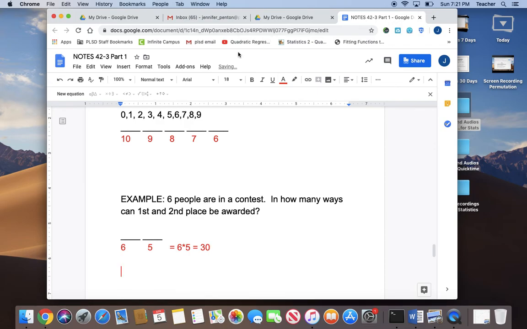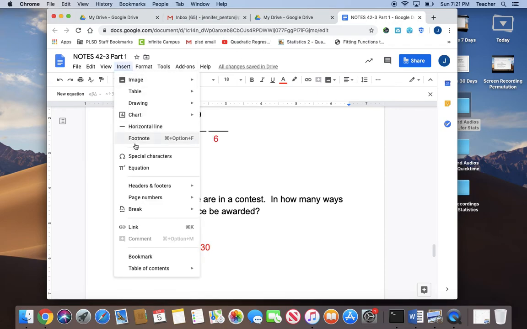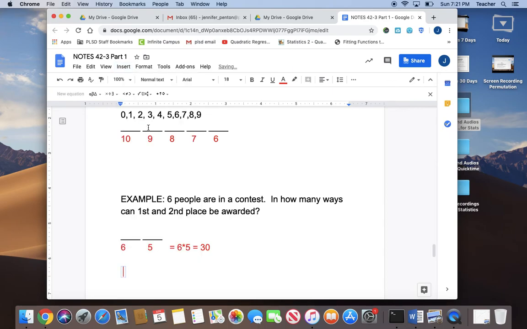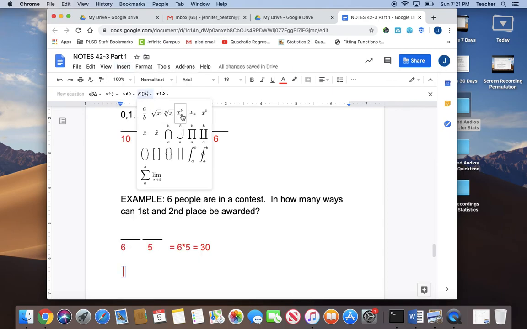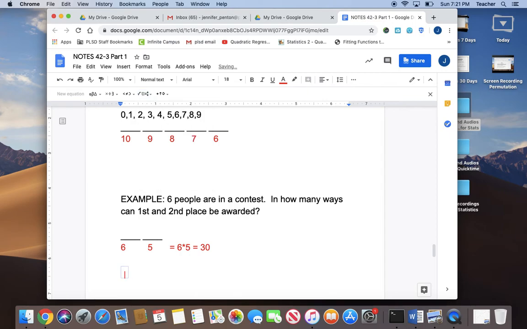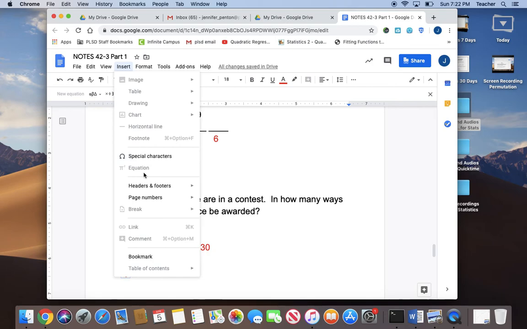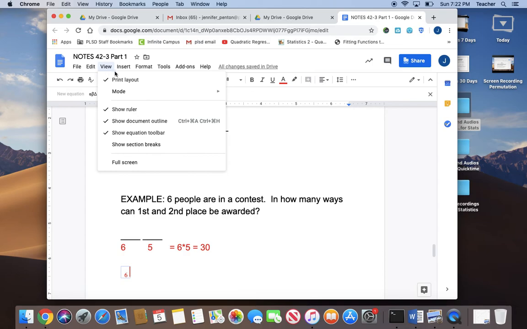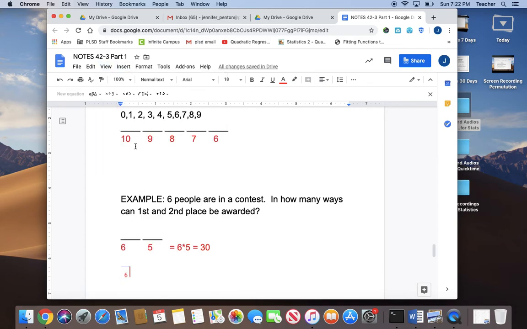I could have also used my permutation formula. And so I could have said, okay, this is the same as 6 permute 2 because I have 6 people in a contest and I'm choosing 2 things, first and second place.